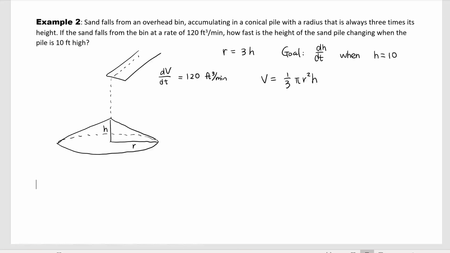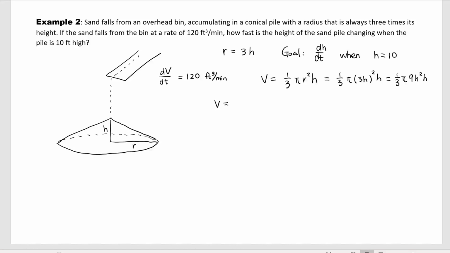That is why students find related rates very challenging: different problem, different story, there is a different picture and different formula involved. So you have to be careful, and be prepared with all the geometry formulas, all the common formulas like the Pythagorean theorem. Next, we relate V and h, but there's r there. We want to get rid of r because we want to relate V and h. What is r? r is 3h. So this is 1/3 pi, 3h squared is 9h squared, times h.